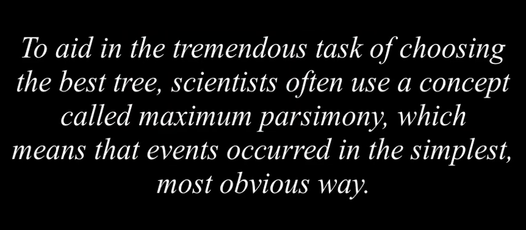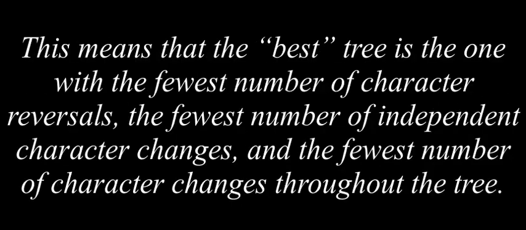To aid in the tremendous task of choosing the best tree, scientists often use a concept called maximum parsimony, which means that events occurred in the simplest, most obvious way. This means that the best tree is the one with the fewest number of character reversals, the fewest number of independent character changes, and the fewest number of character changes throughout the tree.